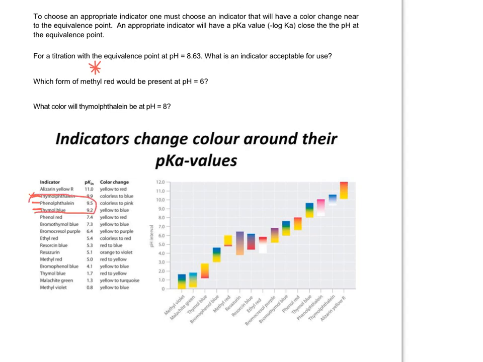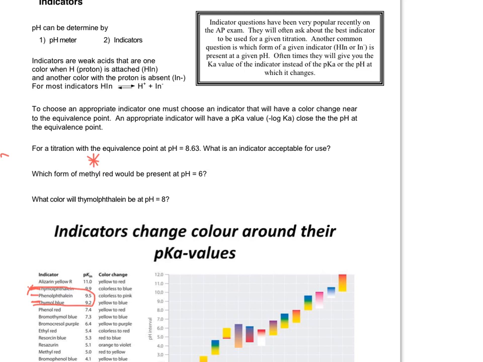All right, next question says, which form of methyl red would be present at pH of 6? Remember, they change colors when that H plus is lost. And the two forms that they're talking about, they either want you to say that it's the HIN form or the IN minus form.